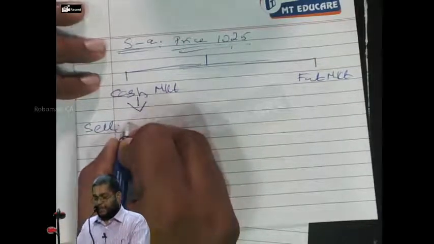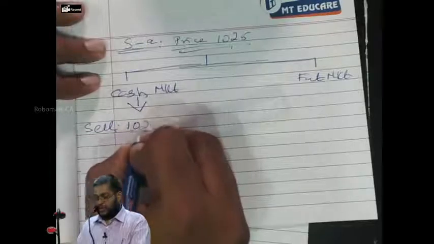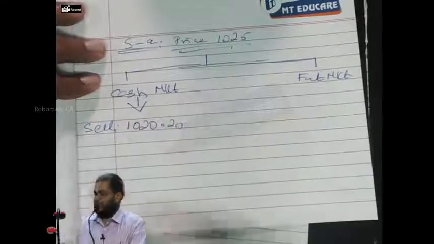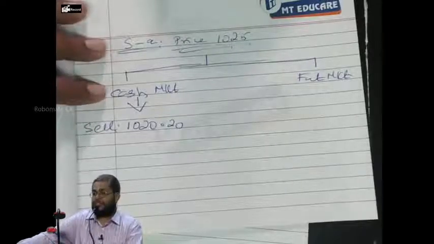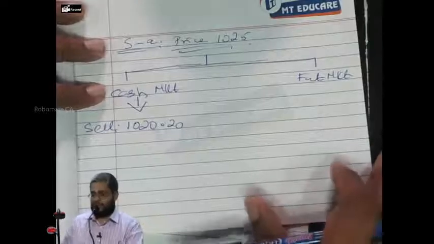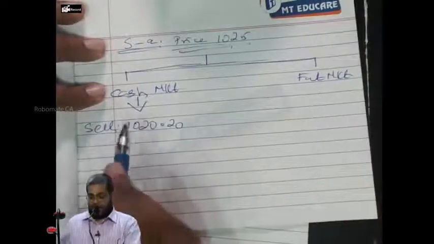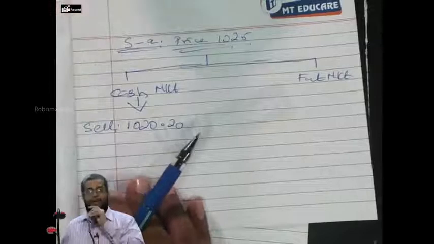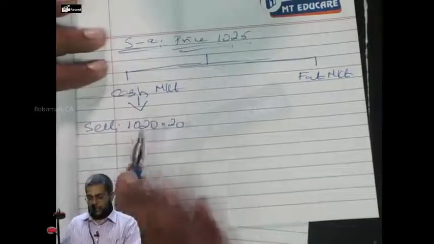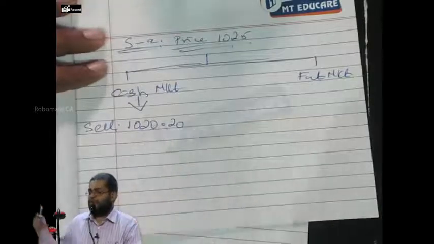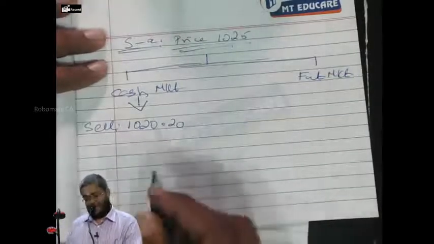For how many rupees? 1020.20, because I sold the index fund units for 1000, and I also earned 20 rupees deposit interest on that. The money realization by selling the index fund is 1020.20. Can I proceed?